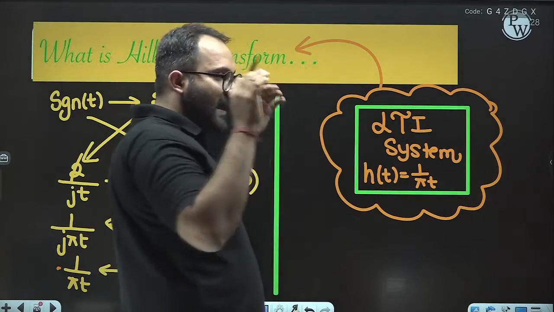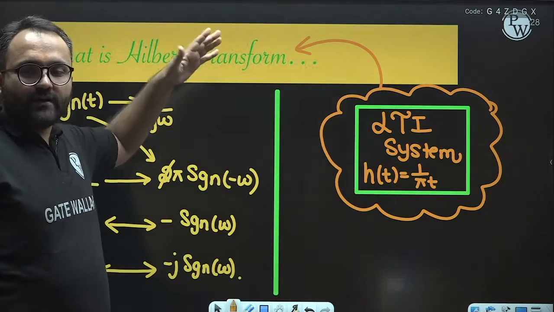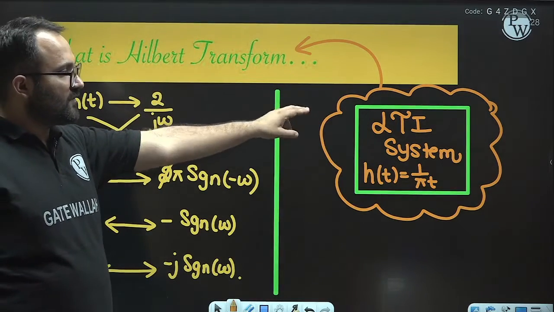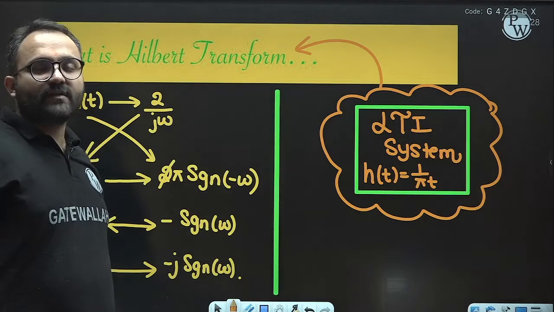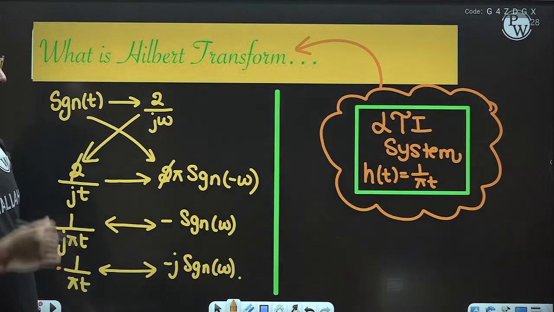So anywhere you see Hilbert transform written, just replace it with the LTI system that has the impulse response 1 upon pi t. So it is very important to remember this.